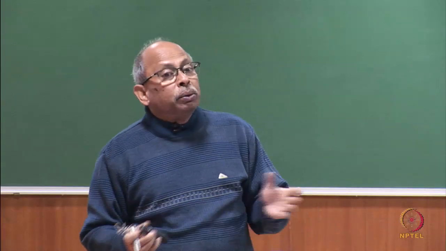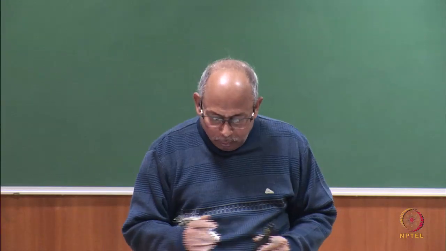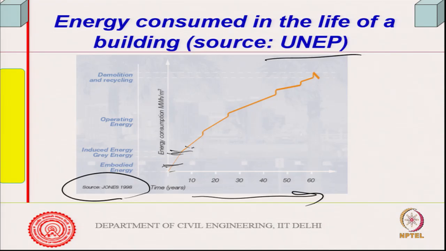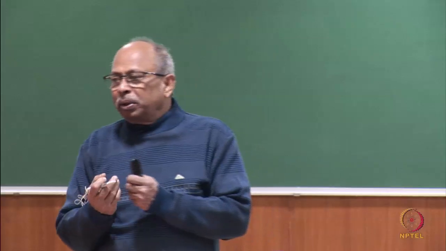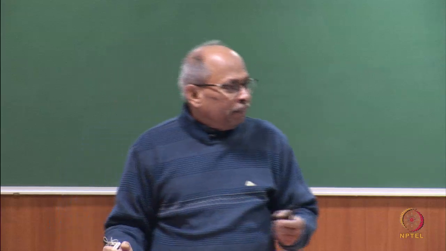There are other sources of energy which are not measured, but look at the operating energy, which goes from here straight up to this, right. These lines are demarcating, and after demolition you might recover something, because of recycling, accounting for the energy that you would have used in producing that, right.